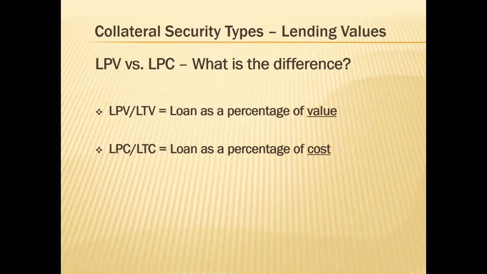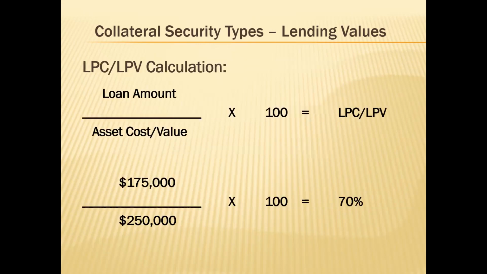So if we look at the example that's given in the book, first of all, it gives us the formula. It's the loan amount as your numerator, the asset cost or value as your denominator, and you multiply by 100 to give you a percentage.